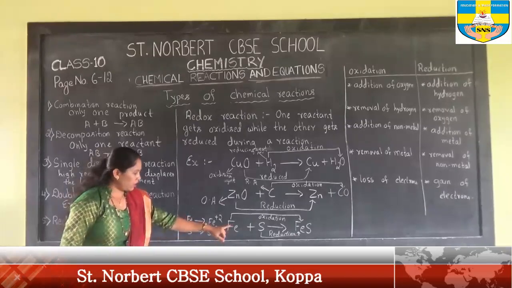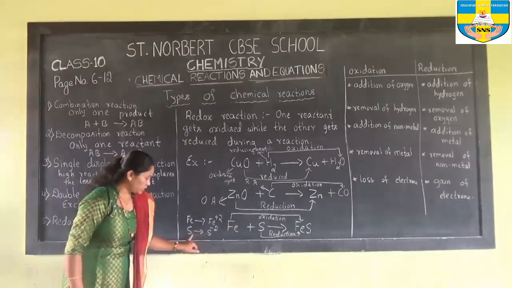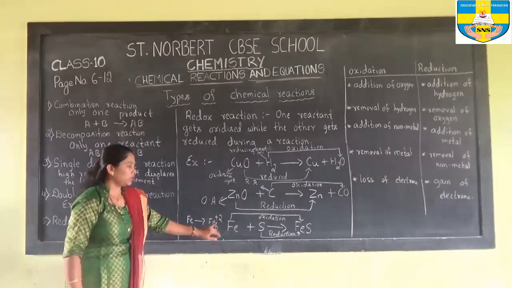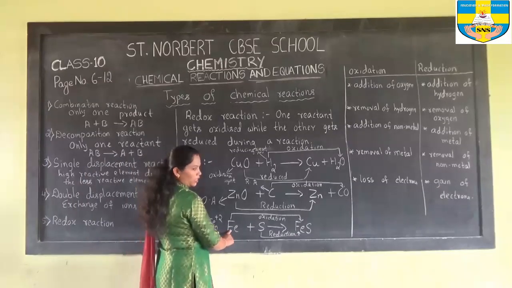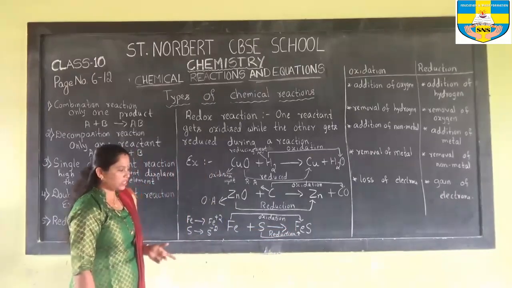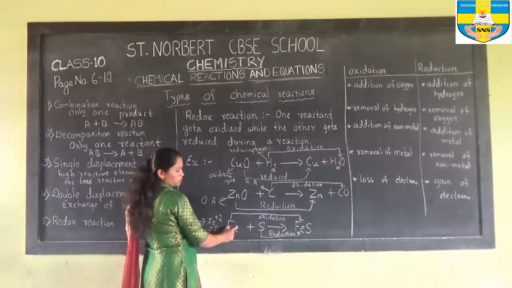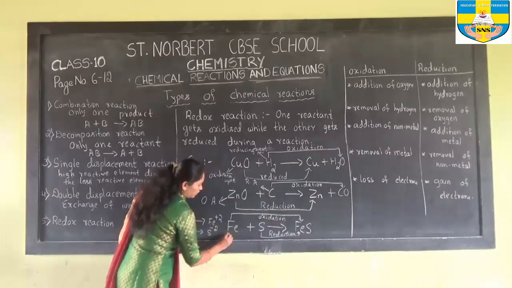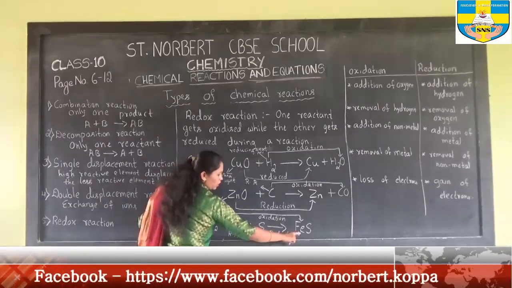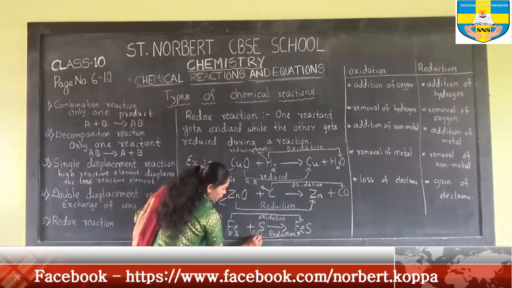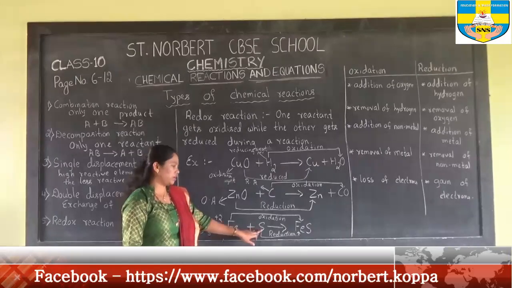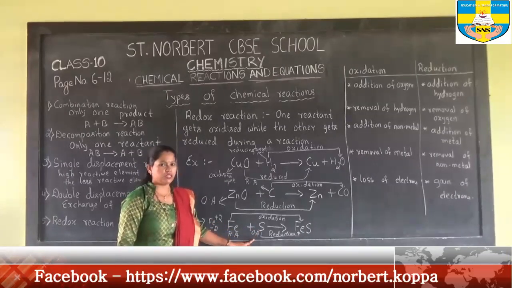So sulfur becomes S2-, gain of electron. Now here, same, Fe plus S gives FeS. Now in this, which is the oxidizing agent and which is the reducing agent? Which substance undergoes oxidation? That is the reducing agent. Which substance undergoes reduction? That is the oxidizing agent. So the Fe acts as a reducing agent and sulfur acts as an oxidizing agent.